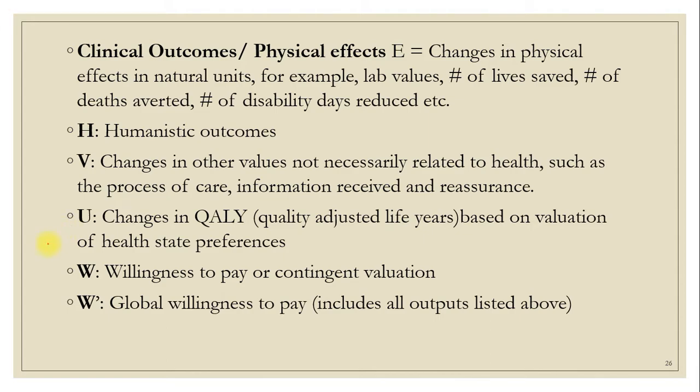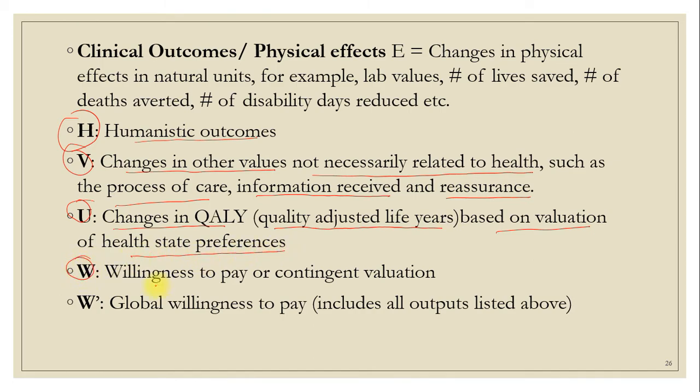Okay, so H is humanistic outcomes, V is changes in other values not necessarily related to health, such as process of care, information received, and the reassurance. U indicates changes in quality. What is quality? Quality is quality adjusted life years based on valuation of health state preferences.